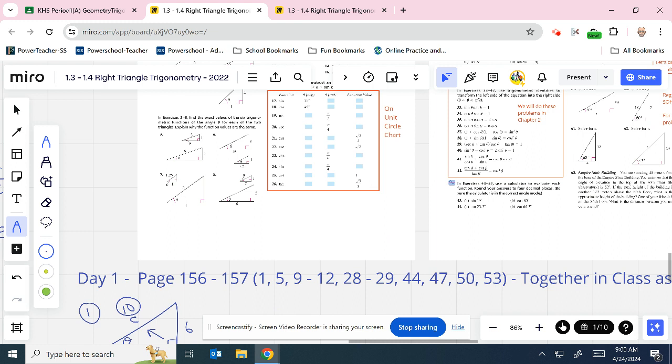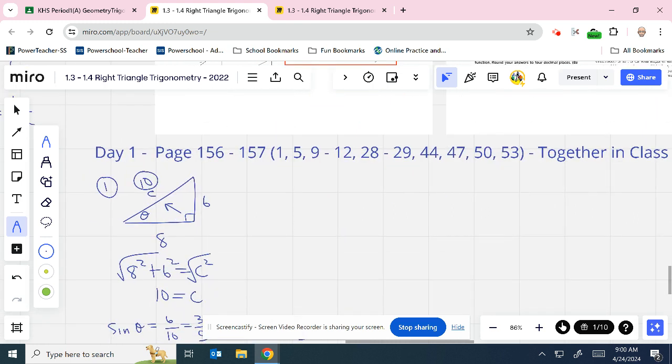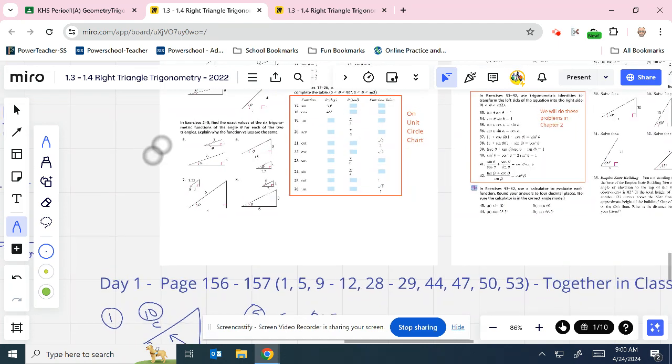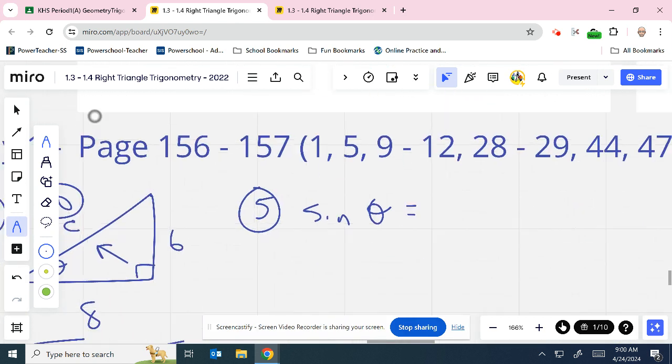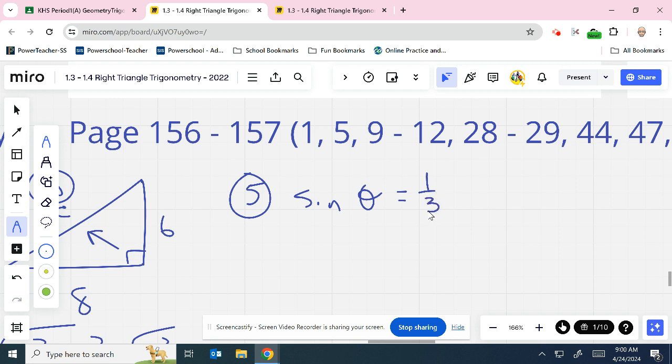So we won't even draw that one. Let's just find the sine of theta on number 5. Sine of theta in the first triangle is opposite over hypotenuse, which are the 2 they gave us. So it would be 1/3. Sine of theta is 1/3.